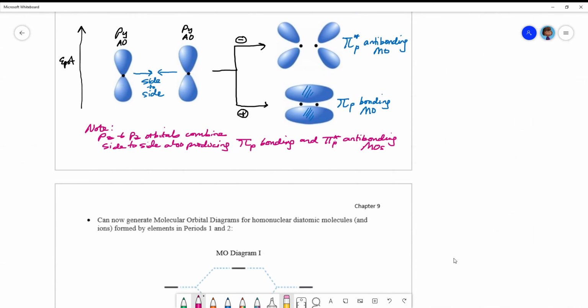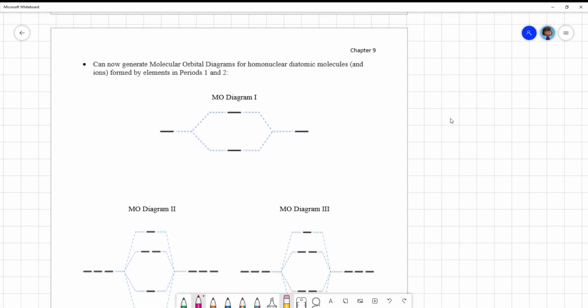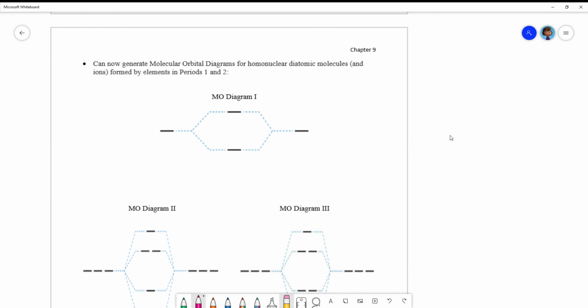At this point, we're going to be producing what are called molecular orbital diagrams for homonuclear diatomic molecules, and we're going to focus on diatomic molecules formed primarily by elements in periods 1 and 2.